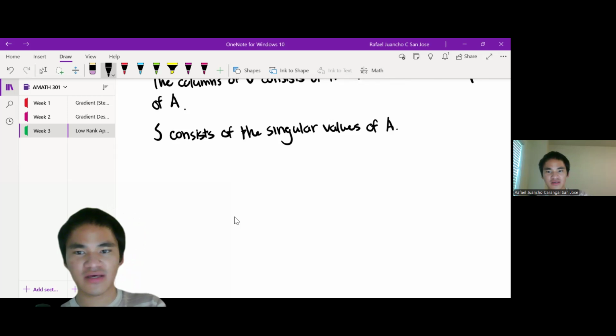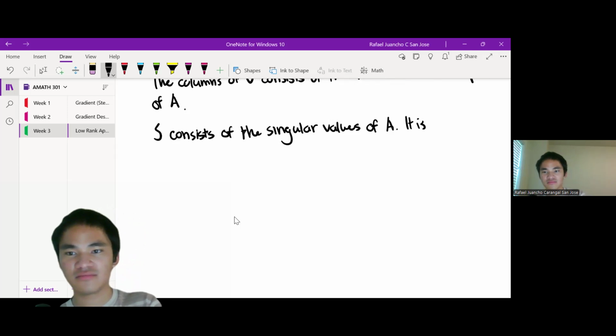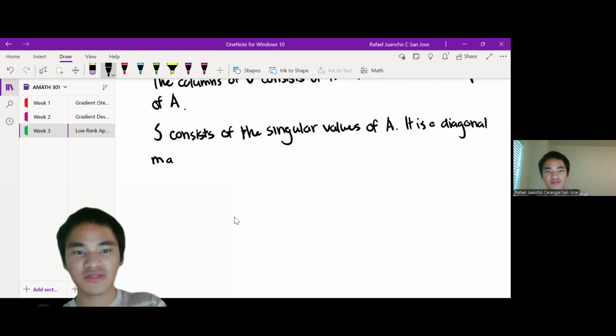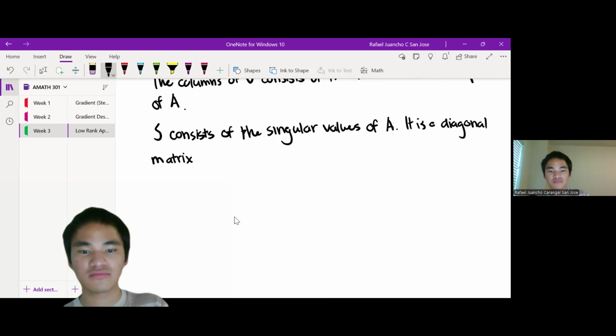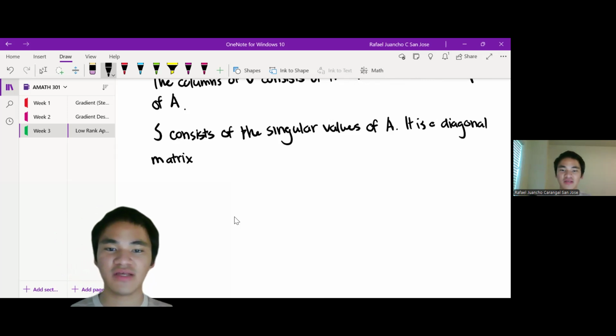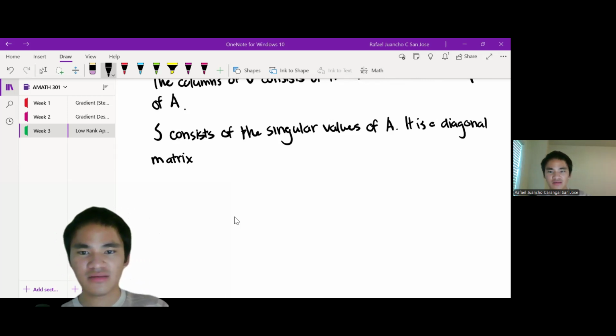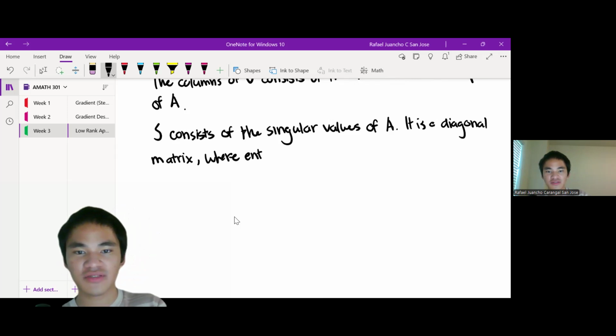And here we say that it is a diagonal matrix. When we say diagonal matrix, there are values in the diagonal. And we're saying that the entries are in descending order, right?